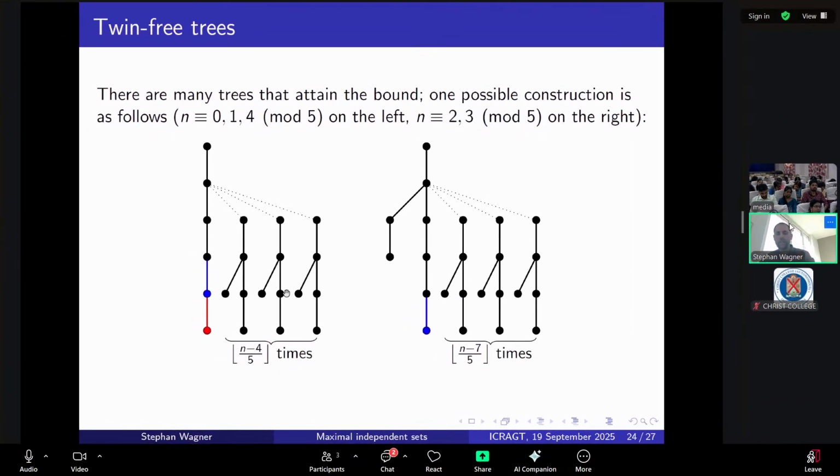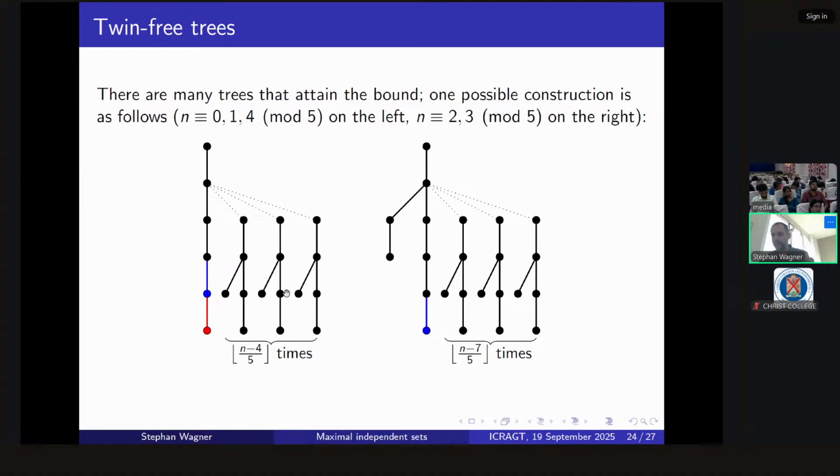Again, there are actually many trees that attain the bound. The trees for which we get the minimum are not unique at all. There are several possible constructions. One of them is shown here. So the construction is basically by repeating this 5-vertex pattern a number of times and then adding something on the side.